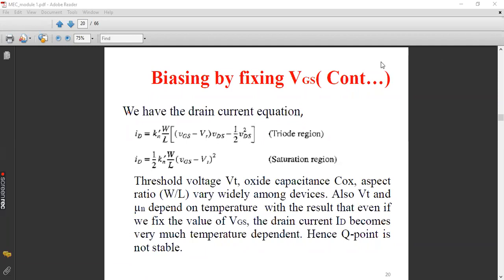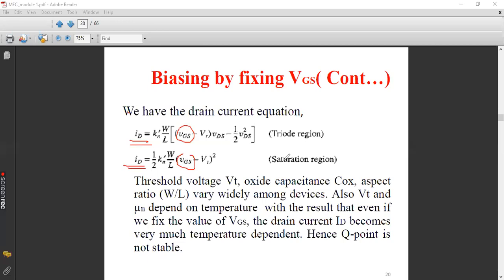Now, if you see these two equations, even though I'm able to fix VGS constant, VGS is constant, right? But still, from the previous graph, with the replacement of the device, ID1 and ID2 are different. That is, the drain current will be different.